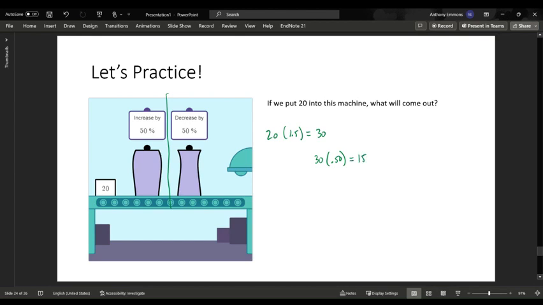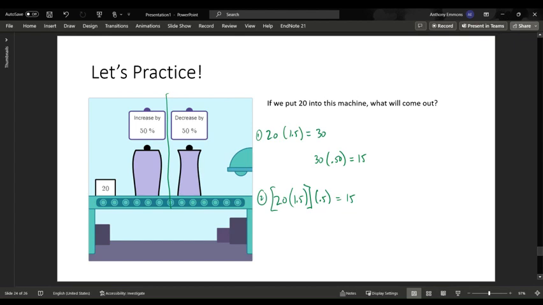Or you might be able to just say to yourself, I could start with that 20. I know that increasing by 50%, I'm going to multiply by 1.5. Whatever that happens to be, I know that after I figure that out, I'm going to have to decrease by 50%. I can multiply by 0.5, and that's going to give me the same 15.